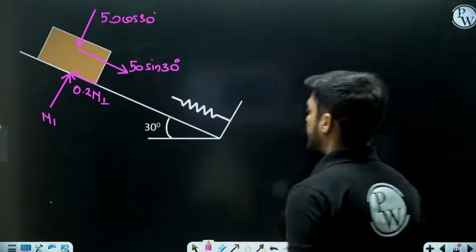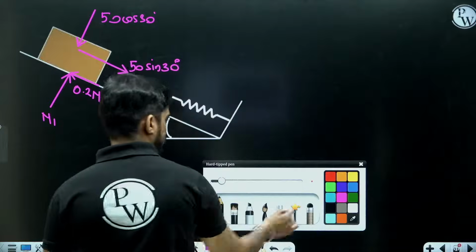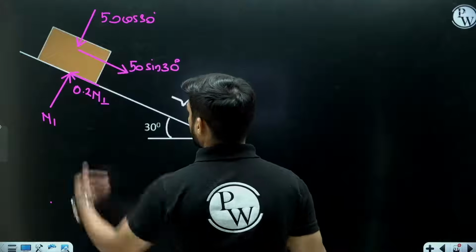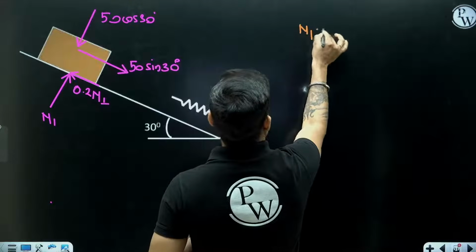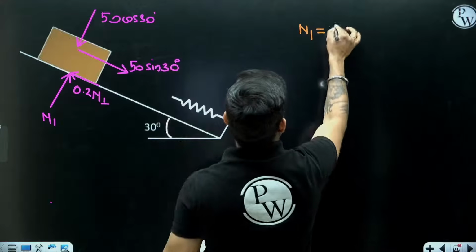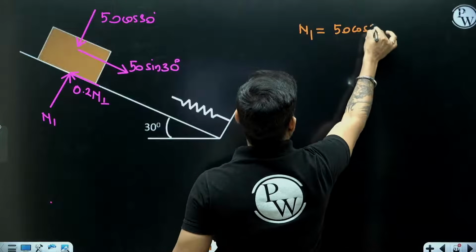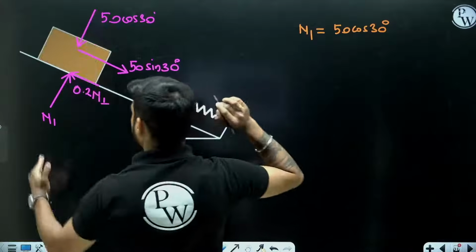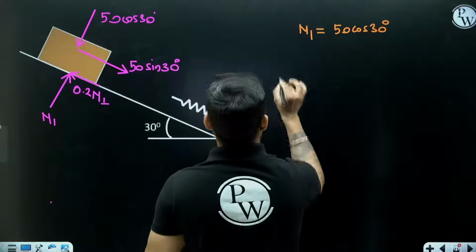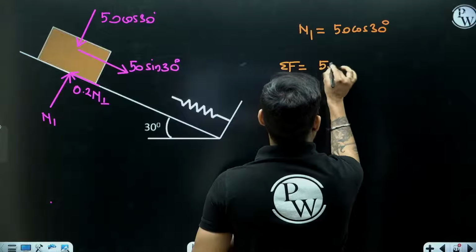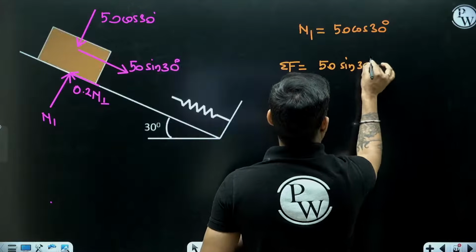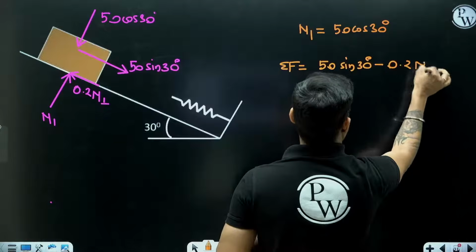Okay. Now, what is the net force in the direction of motion? 50 sin 30 minus 0.2 N1. N1 will be equal to 50 cos 30 because the block is not moving normal to the plane. It is moving parallel to the plane. And the net force in the direction of motion will be 50 sin 30 minus 0.2 N1.